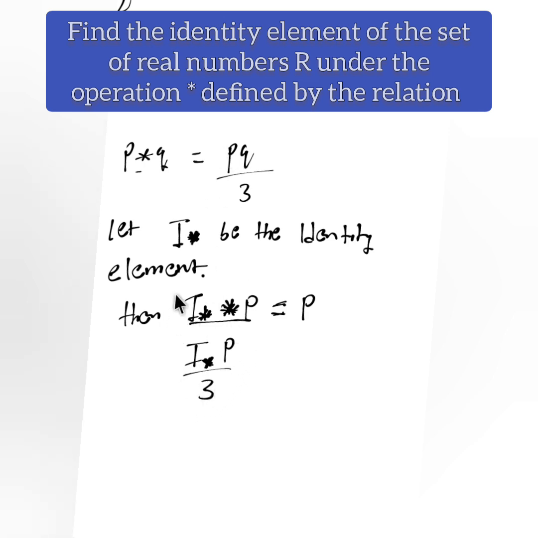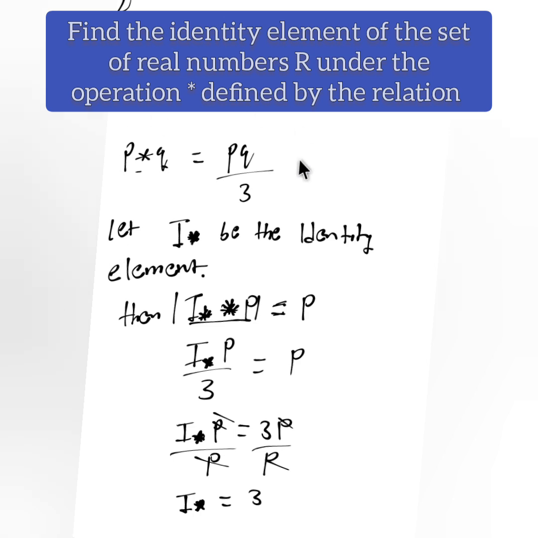So this expression here is the same as this using this relation, and this is equal to P. The identity element under star times P is equal to 3P. Then if we divide both sides by P, we have that the identity element is equal to 3, because P cancels P here and P cancels P here. So 3 is the identity element.